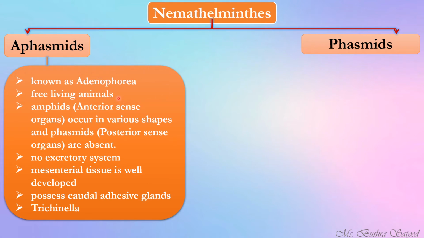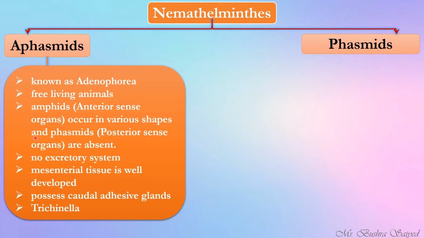So if you cannot find the term related to aphasmids, you can also search through Adenophorea. They are free living, they are not parasites. We call them aphasmids because they have amphids as the anterior sense organ, which occurs in various shapes. Posterior sense organs, that is the phasmids, are absent, thereby we call them aphasmids.